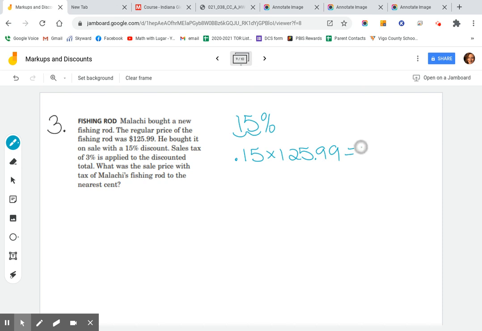I get 18.8985, but it's money. I can't just move the decimal because that totally changes its whole meaning. So we have to figure out how to round it. I get two places. Look to the right. 8 tells me go up. So I'm going to round this to $18.90. So to find the new price, it was $125.99.